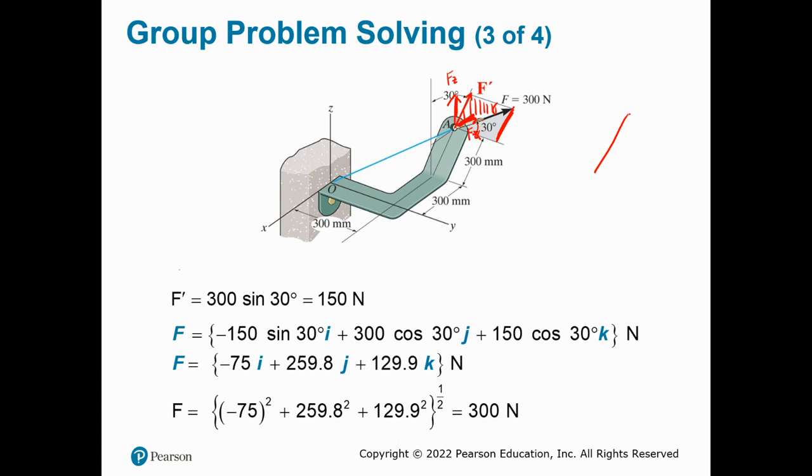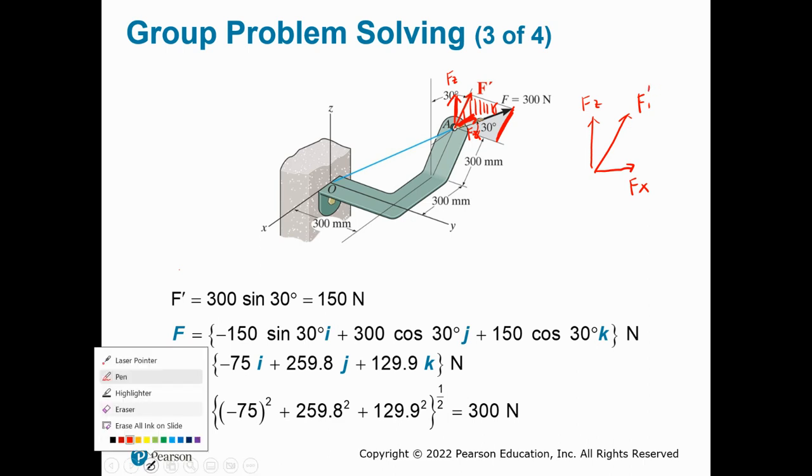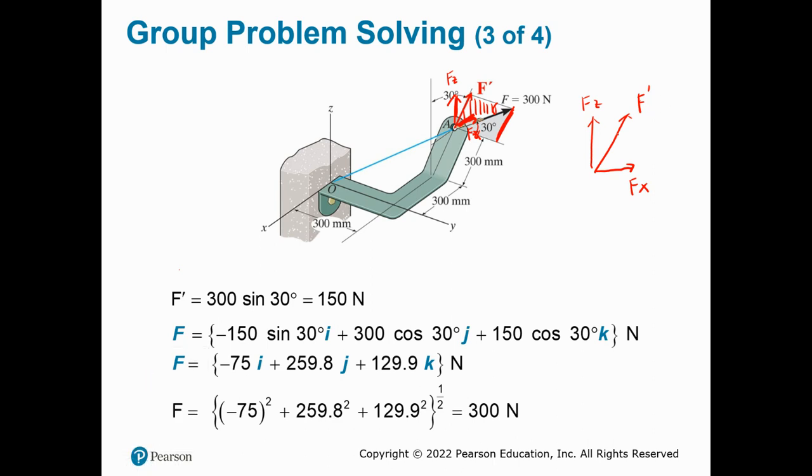So you have your F prime here, and then you have your Fz and your Fx. The angle between F prime, not F1, my bad, the angle between F prime and Fz is going to be 30 degrees.